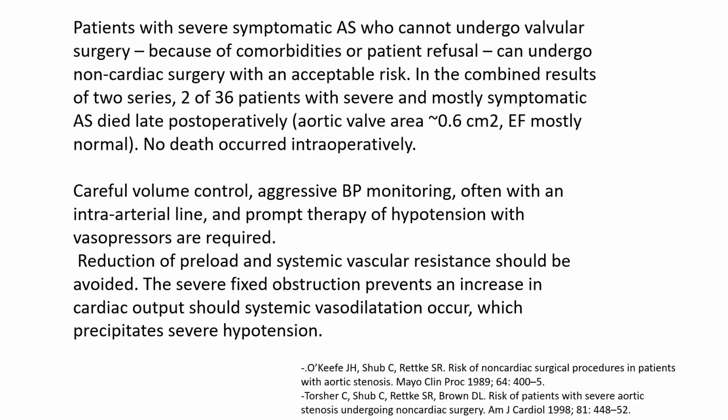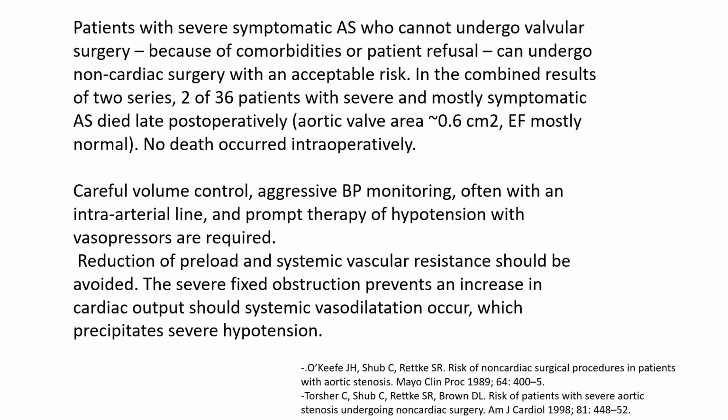In the combined result of the 2 series, 2 of 36 patients with severe and mostly symptomatic AS died late postoperatively. Those patients had an aortic valve area of 0.6 centimeters squared, and the EF was mostly normal. No death occurred intraoperatively. And how do you handle those patients, symptomatic or asymptomatic?